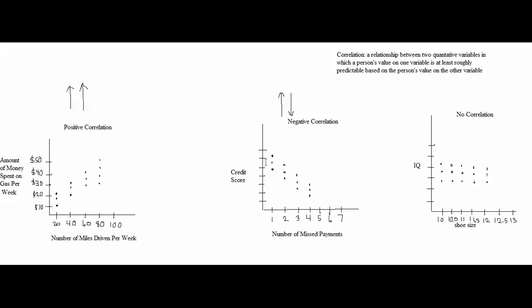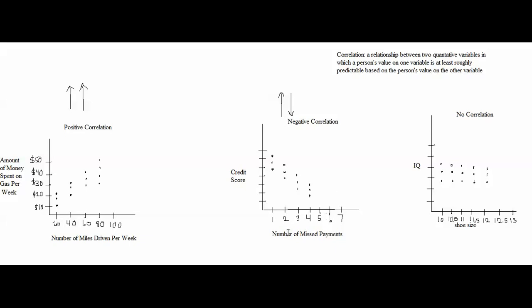Their credit score is probably up at the high end up here. And if a person tells me that they've missed a large number of payments, for example, 7 or 8 payments, I'll think, okay, well, that person's credit score is probably lower. It's probably not as good of a credit score.